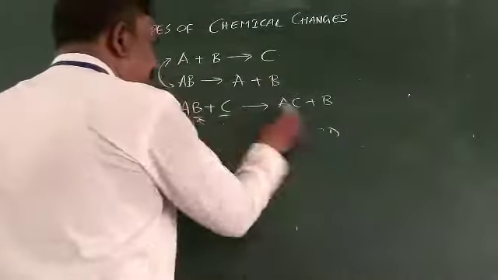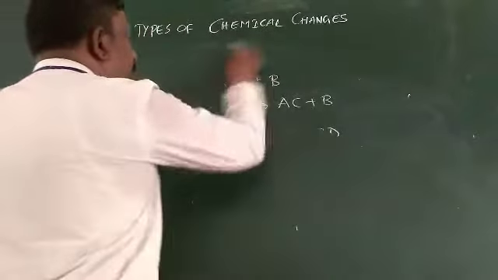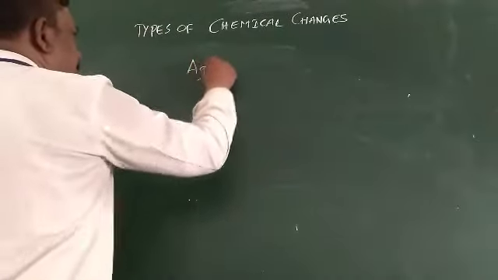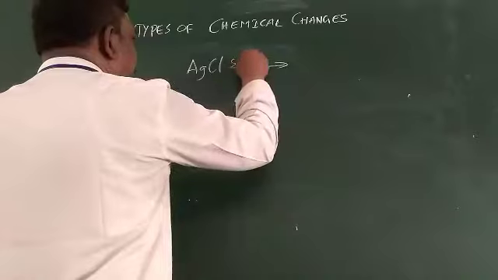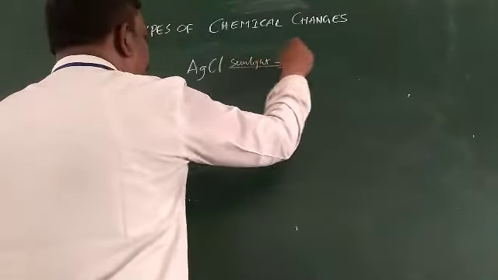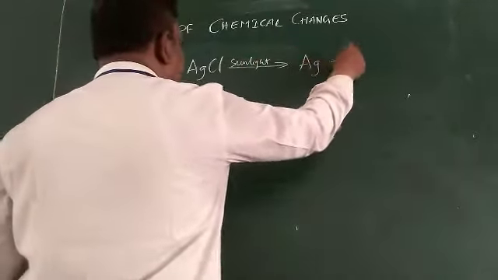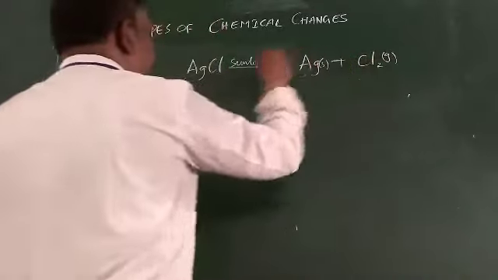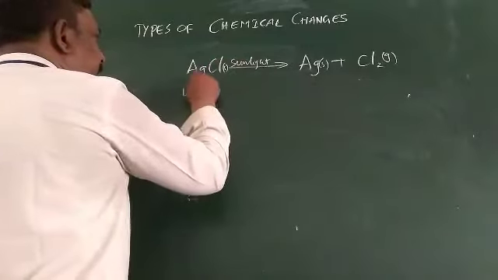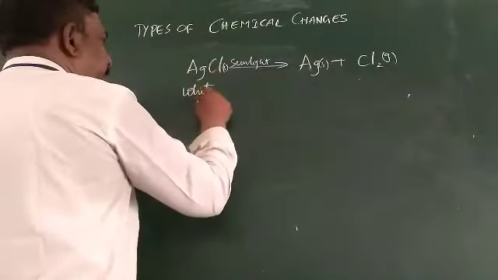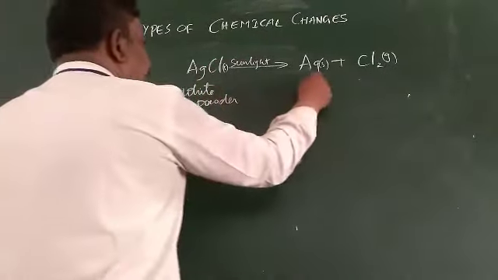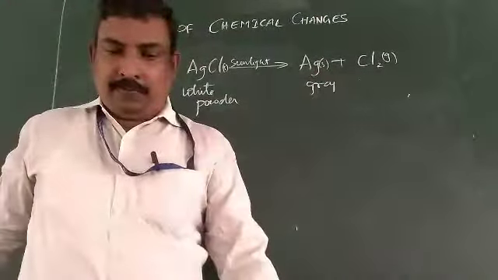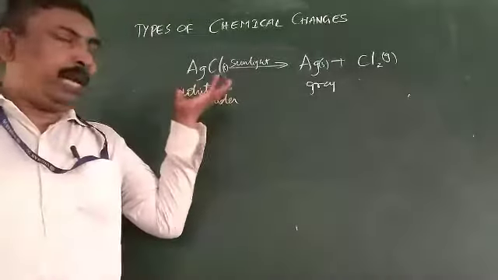Silver chloride, AgCl. In the presence of sunlight, what happened? That is what we need to write. It decomposed into silver and chlorine gas. This is white powder, and this is the grey color. Now you can see, how many reactants are there? 1.